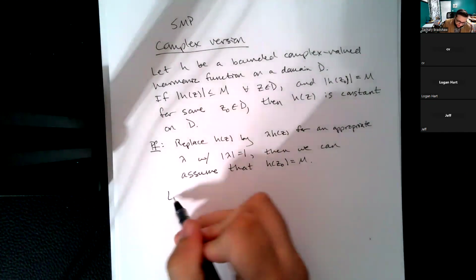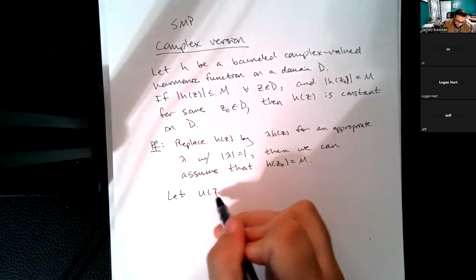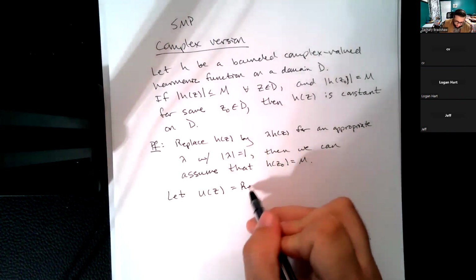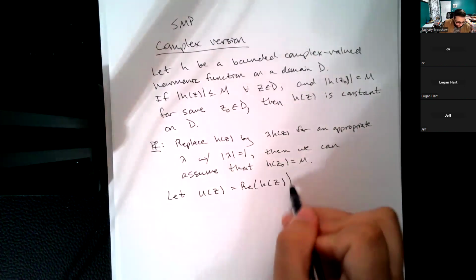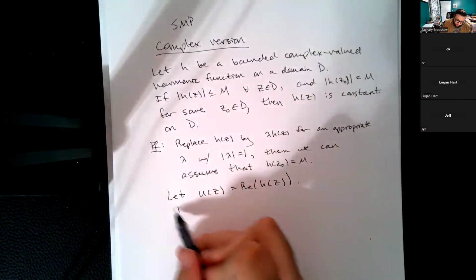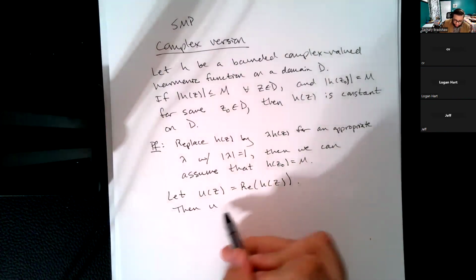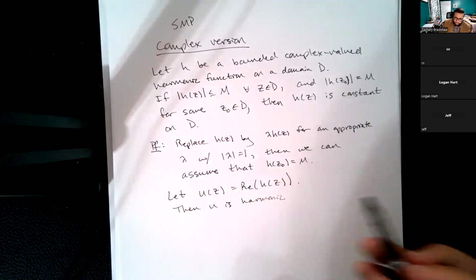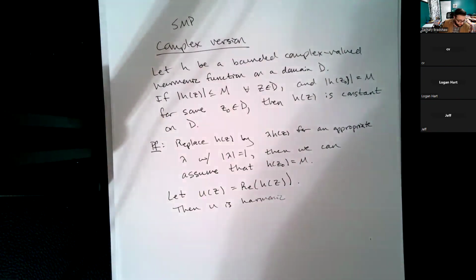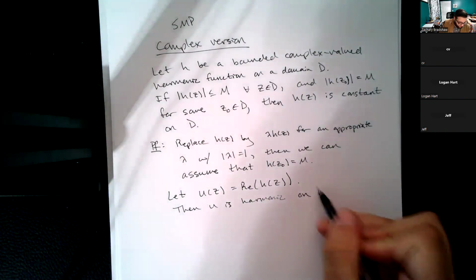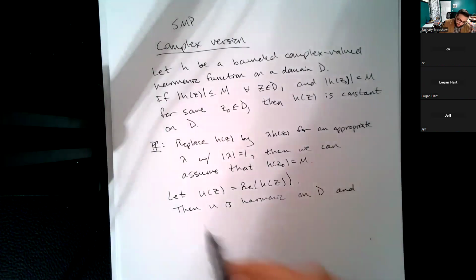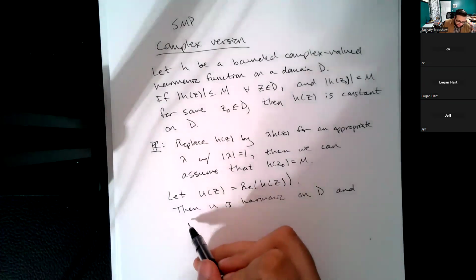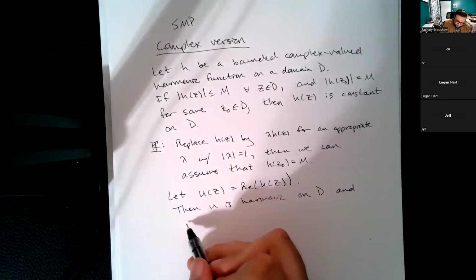Okay, so let u of z be the real part of this function. Well, by assumption, u is harmonic, right? That's what it means for h to be harmonic on D, and it attains the maximum at z0, right?